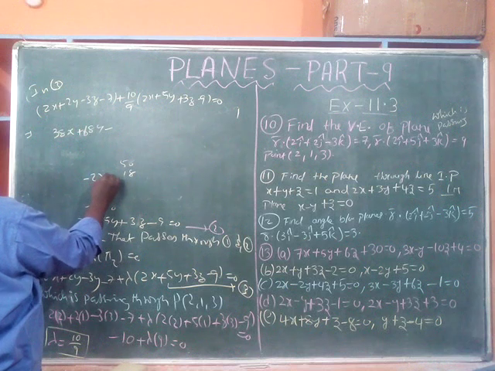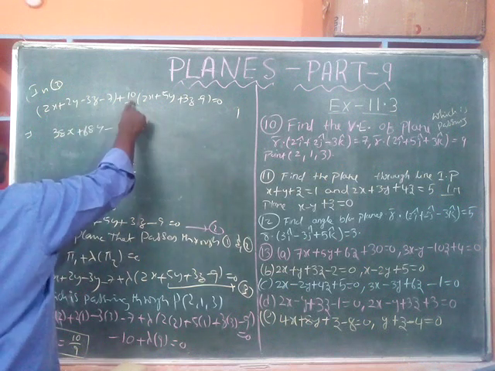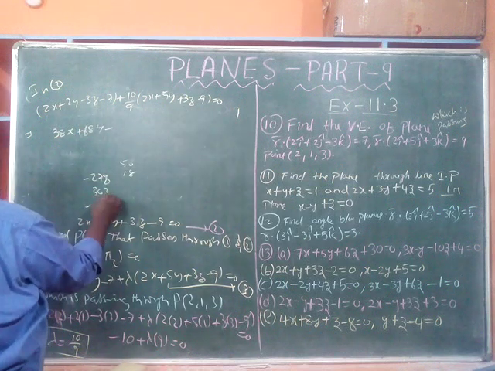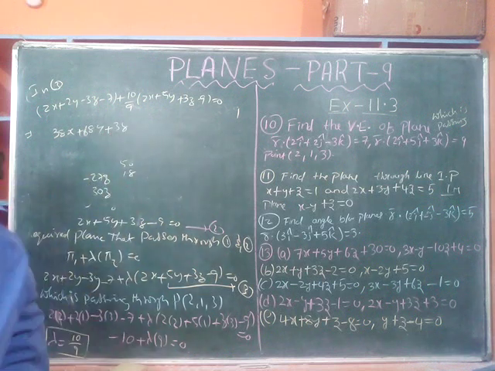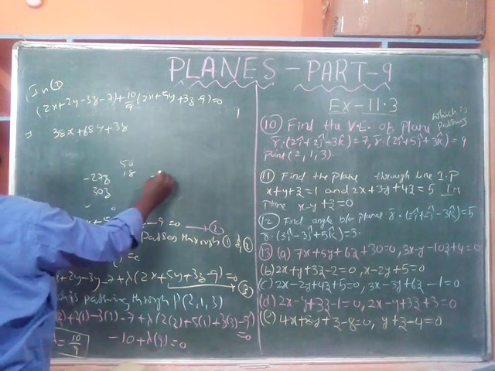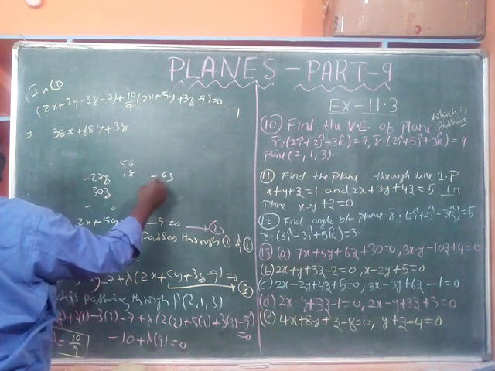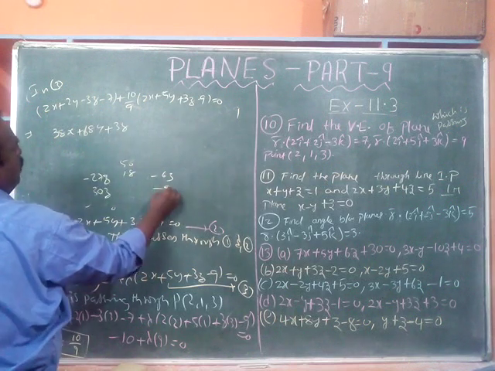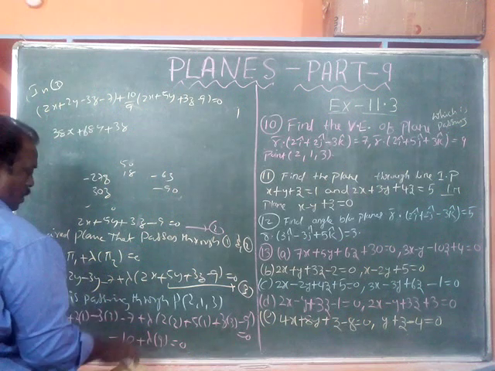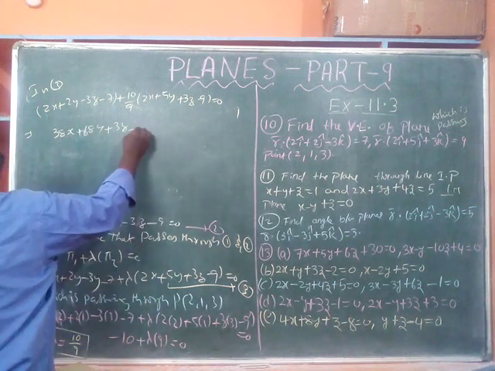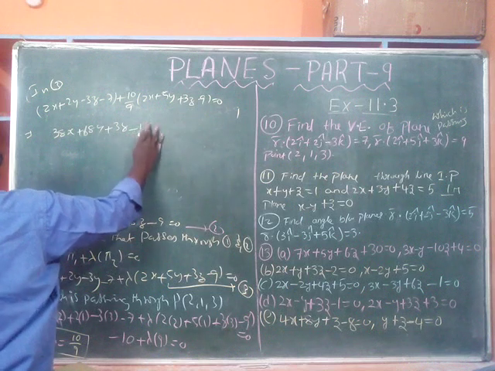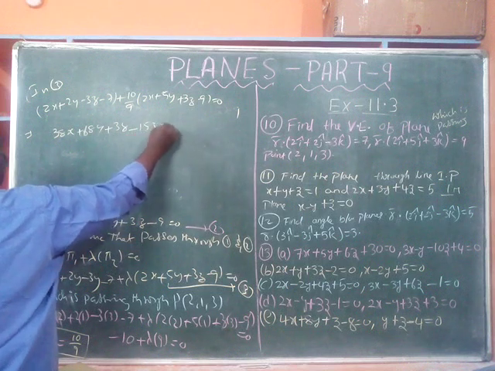Minus 27z plus 3z, this is minus 24z... here it is 30z, that is plus 3z. This is minus 63. This is minus 90. That is minus 153. Minus 153 is equal to 0.